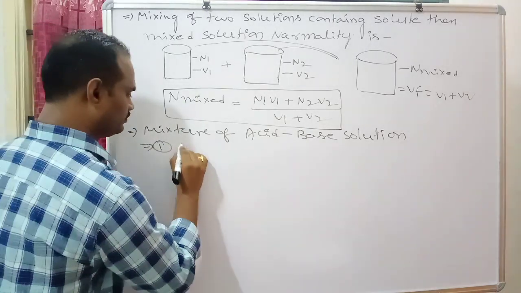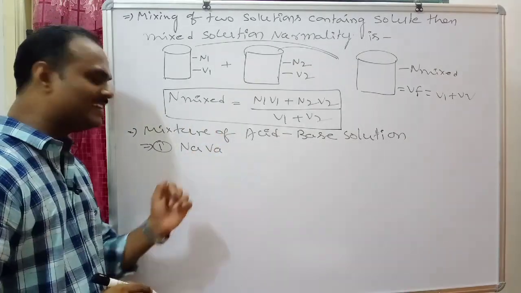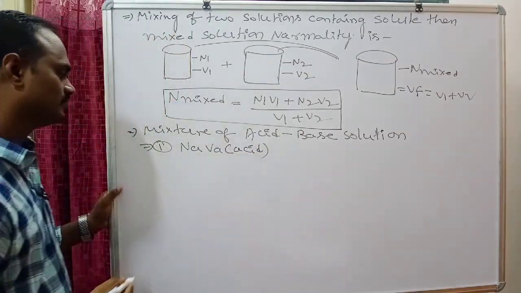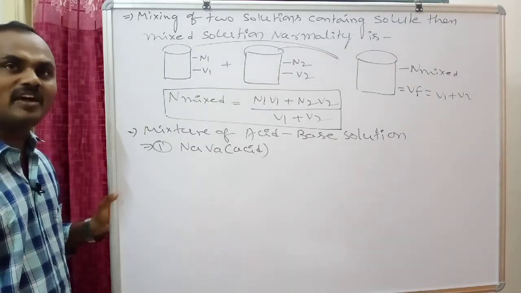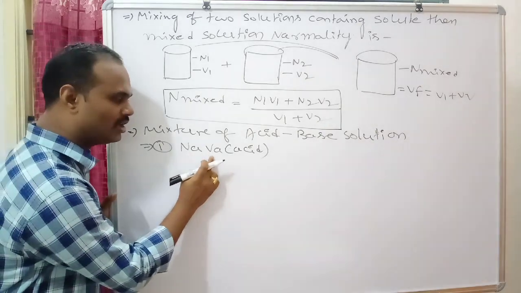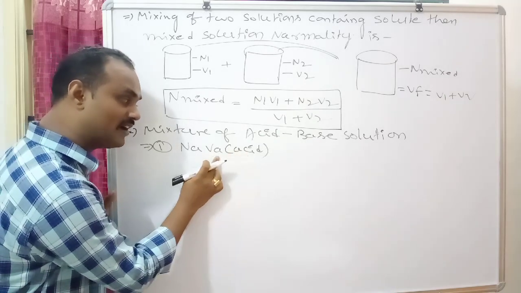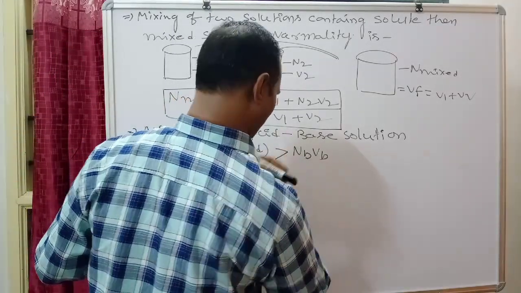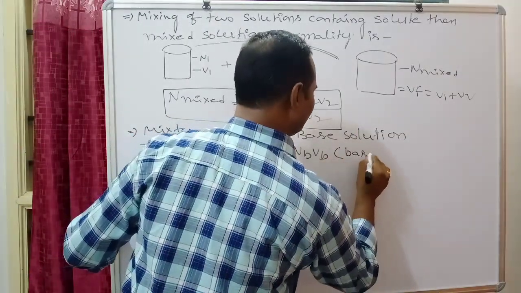First case: NaVa, where A indicates acid. Normality into volume in liters gives the number of gram equivalents. This relates to the acid, the number of gram equivalents of acid. If it is greater than NBVB, the number of gram equivalents of base, where B indicates base. Is it clear?